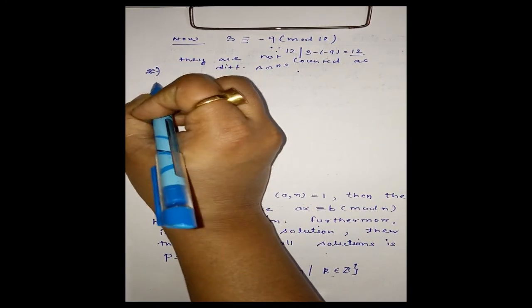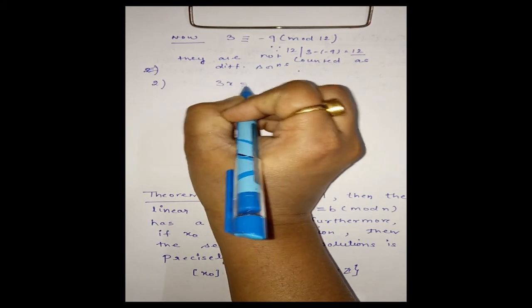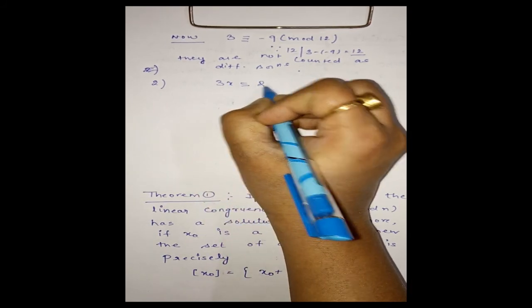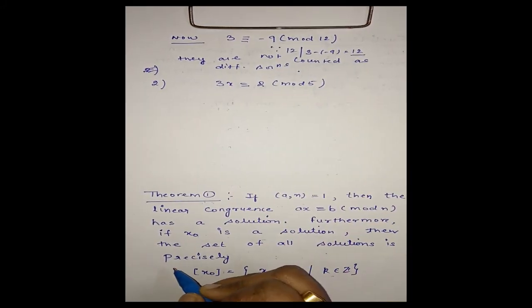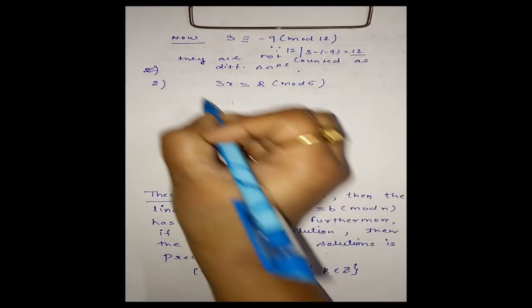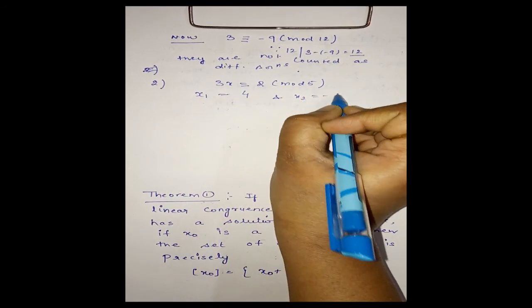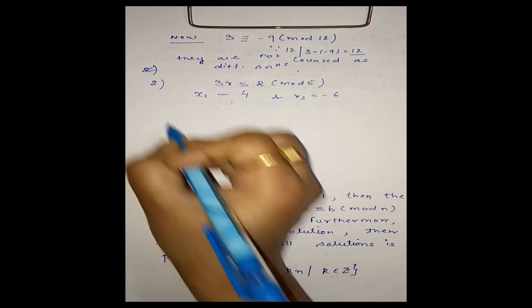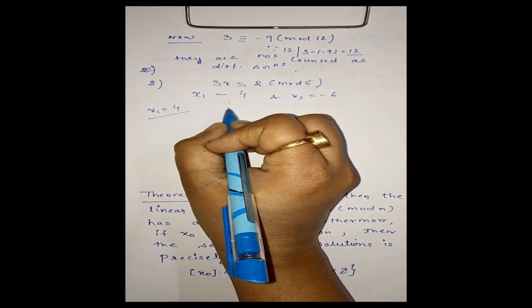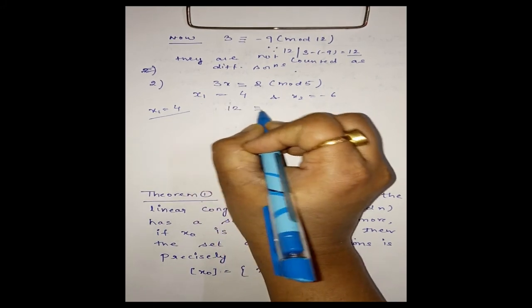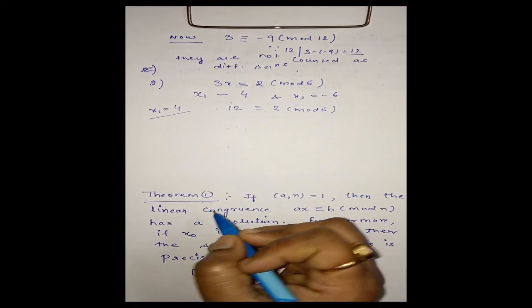In the same way, consider the second example, the congruence 3x is congruent to 2 modulo 5. Then x1 is equal to 4 and x2 is equal to minus 6. Both are solutions. If I take x1 to be 4, then 4 times 3, 12, is congruent to 2 modulo 5, since 5 divides 12 minus 2, that is 10.